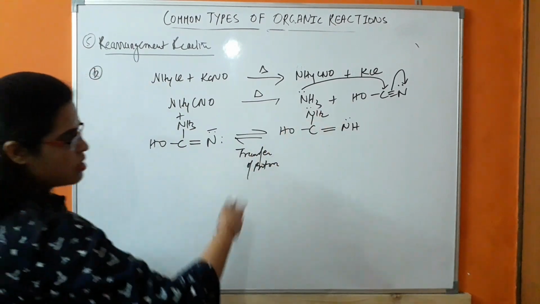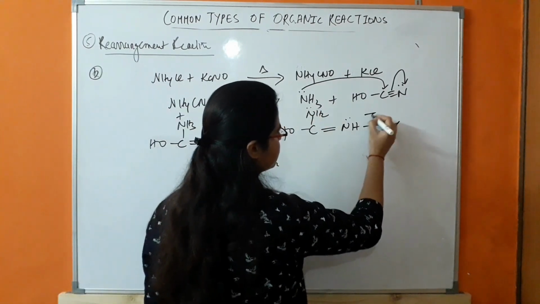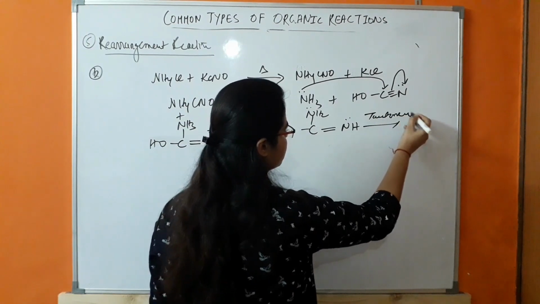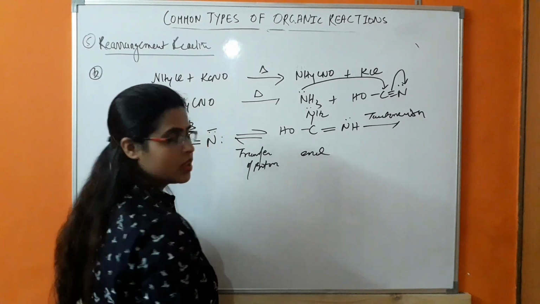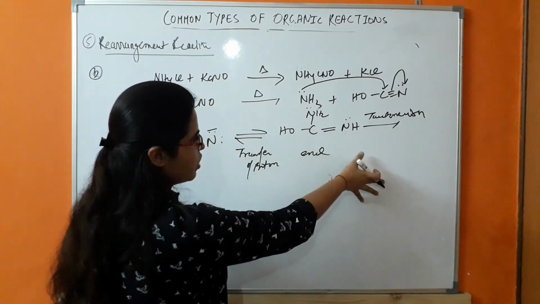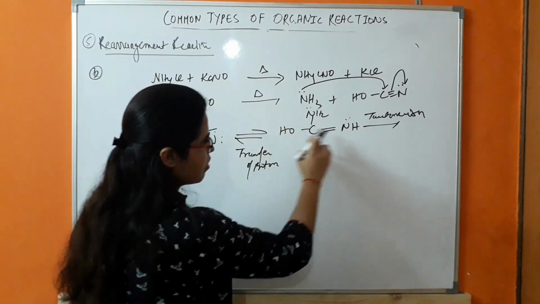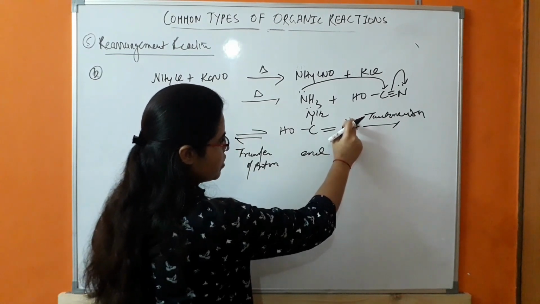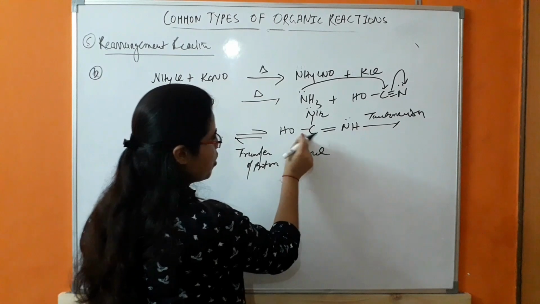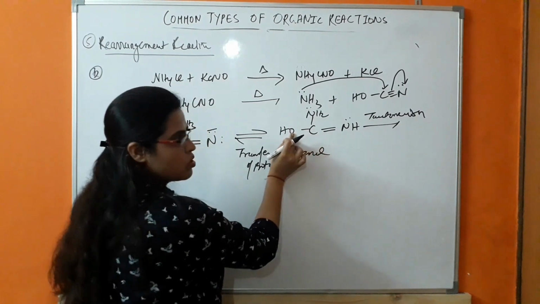Okay, next step will be tautomerism. This is an enolic functional group. So this is the enol isomer, which will be converted into the ketonic functional group. It means this hydrogen will be shifted to this side, and a double bond of carbon will be formed with this oxygen.